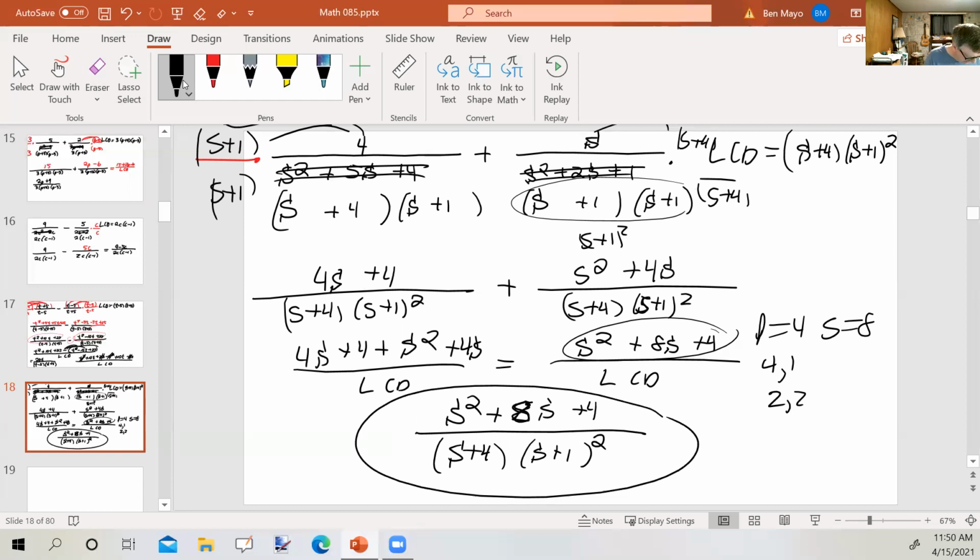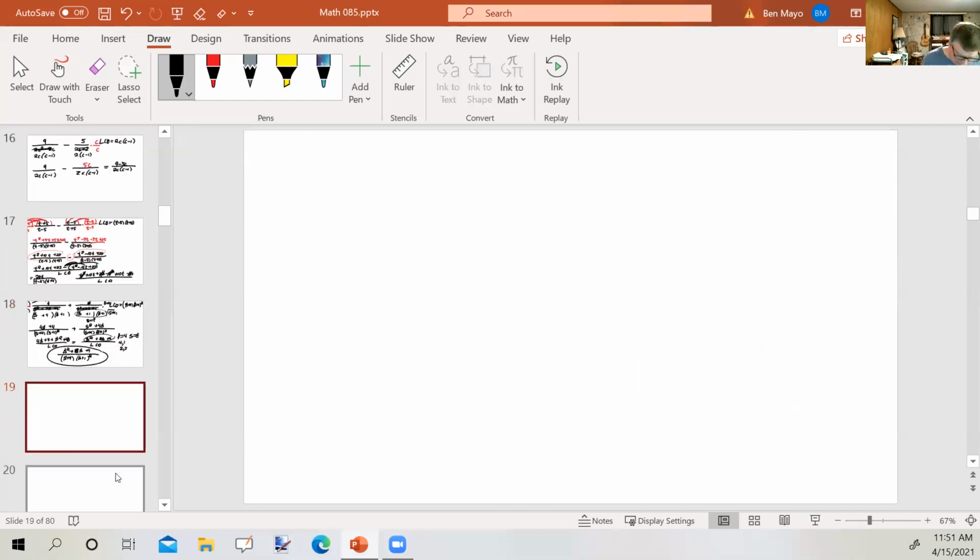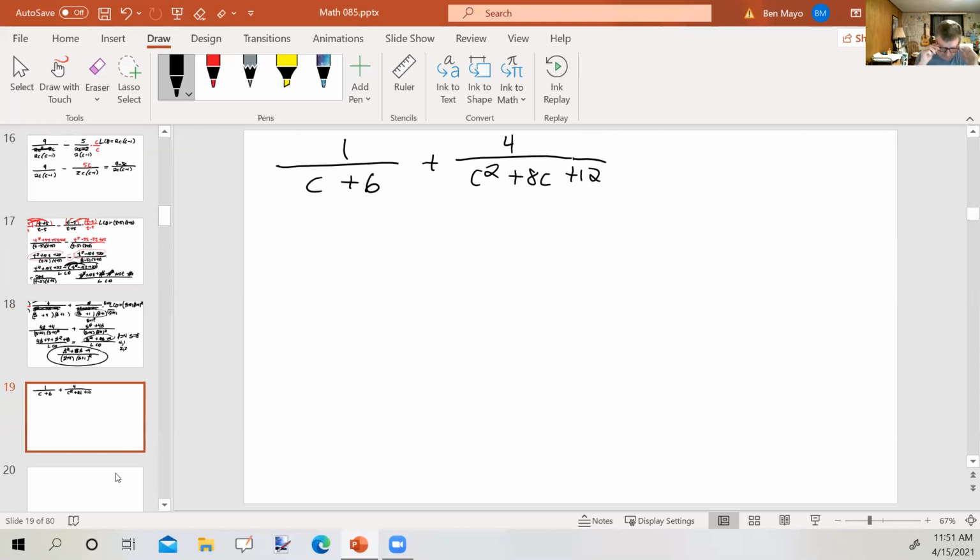All righty. Let's take a look at this one. 1 divided by c plus 6 plus 4 divided by c squared plus 8c plus 12.